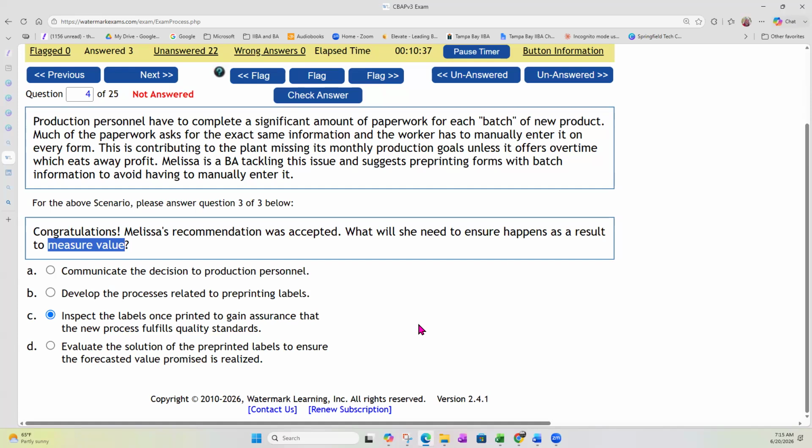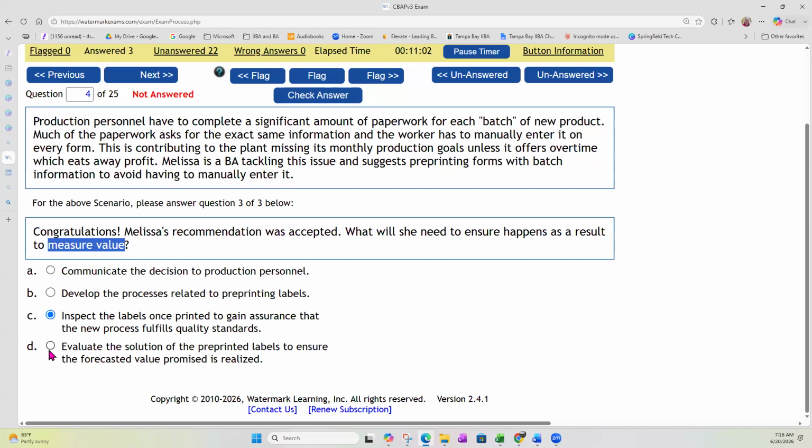Okay, so from this question, I think I'm going to go with D because it's not saying, it has not really said that they are done with all the printed labels.